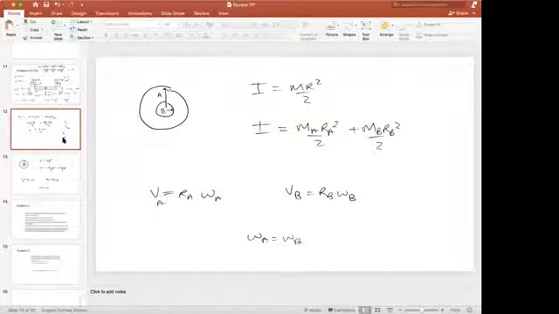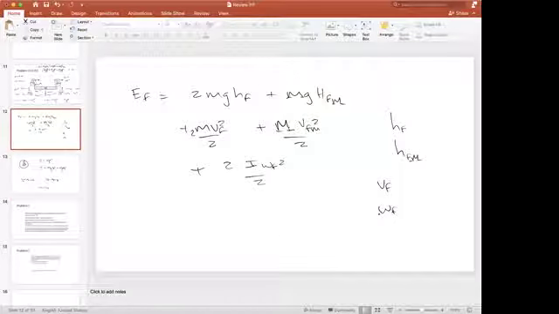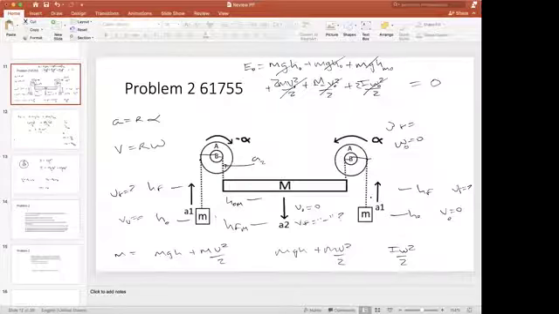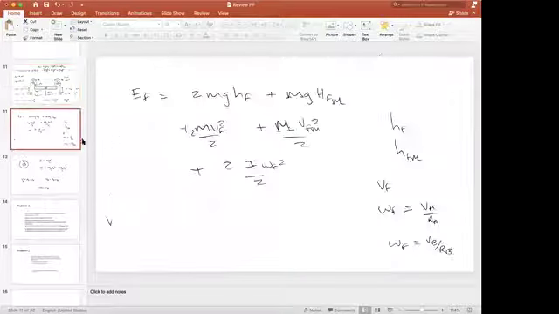So when we go back and look at this, when we want to find omega final for the pulleys, we can turn them into either VA over RA, or VB over RB. However, it would be a lot easier if we turn these V's into omegas. Now we know that these two outer masses are at A, so V at A is RA omega final.